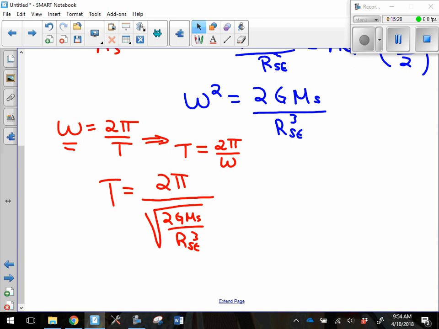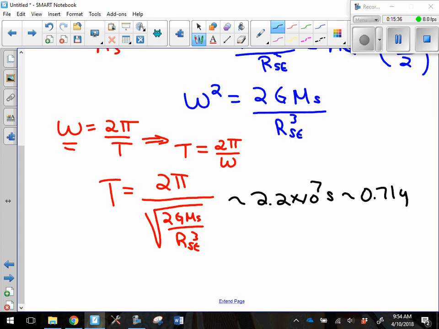It ends up being, if you care, about 2.2 times 10 to the 7th seconds, which is about 0.71 Earth years. Okay. And that's information that would be listed in the front of the AP exam if you needed that information.